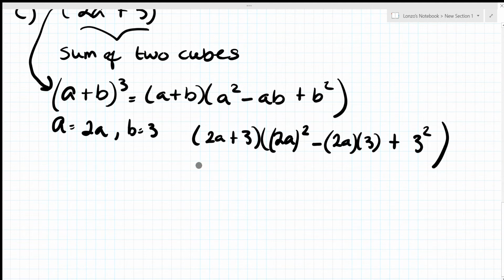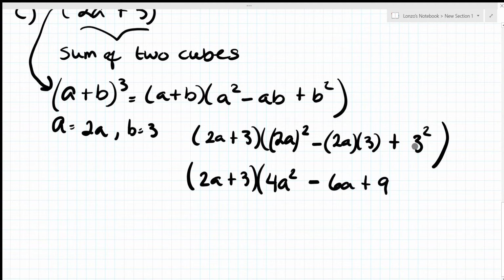So this is going to be 2a plus 3, because this is the most simplified b, and then 2a squared, so you're going to square both parts, the 2 and the a, so 2 squared is 4, and a to the second power is a squared. You're going to multiply 3 times 2 times a, and then you have a negative, so it's going to be negative 6a, plus 9.